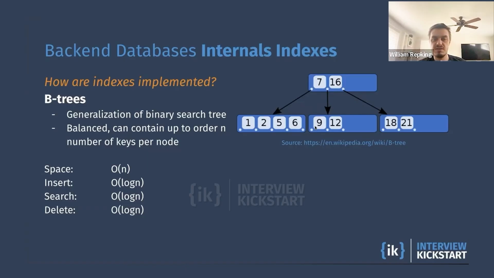It's basically iterating through all the elements, and at most, you're going to hit an element twice. Here, we go to 7, 1, 2, 5, 6, then back to 7, 9, 12, and then we go to 16. So at most you go twice. So it's at most 2n, but that's equivalent to big O of n.